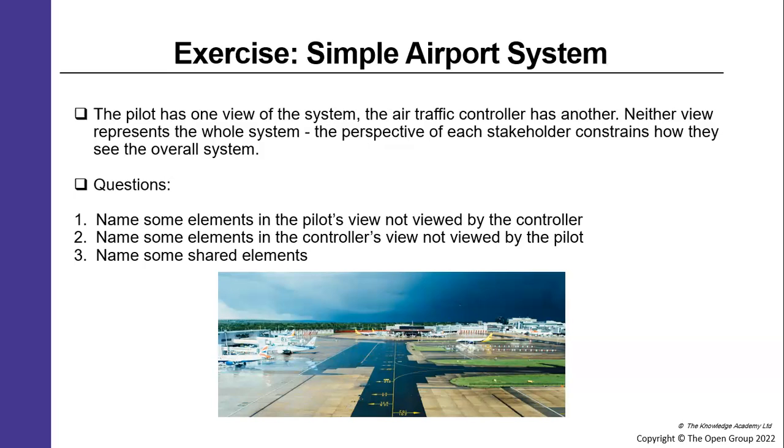Here they're showing a simple example: what is the viewpoint of each of them, and what could be a common view between them. Here, the pilot has one view of the system, and the air traffic controller has another. Neither view represents the whole system, because both have different concerns and views. Their perspectives are different.